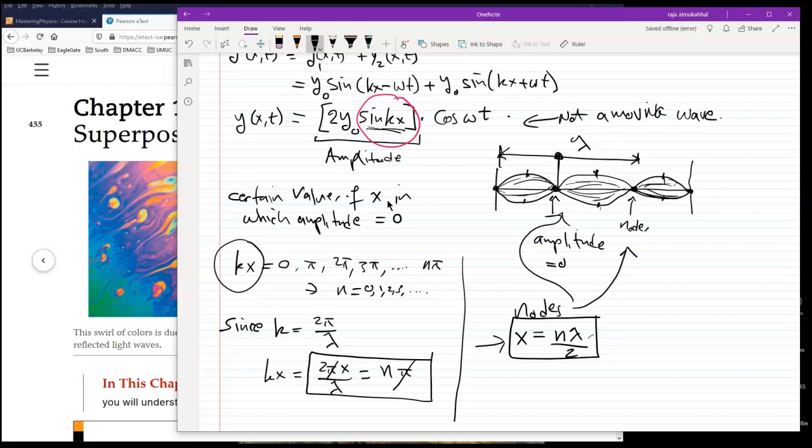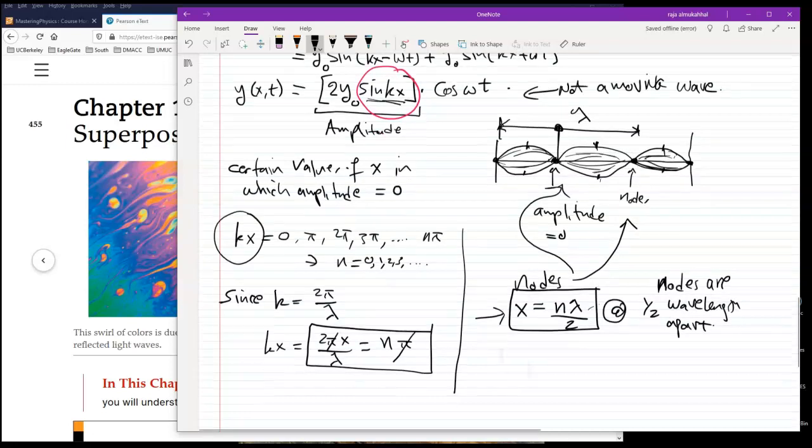You will get the zero amplitude. So nodes are half a wavelength apart. You got that?